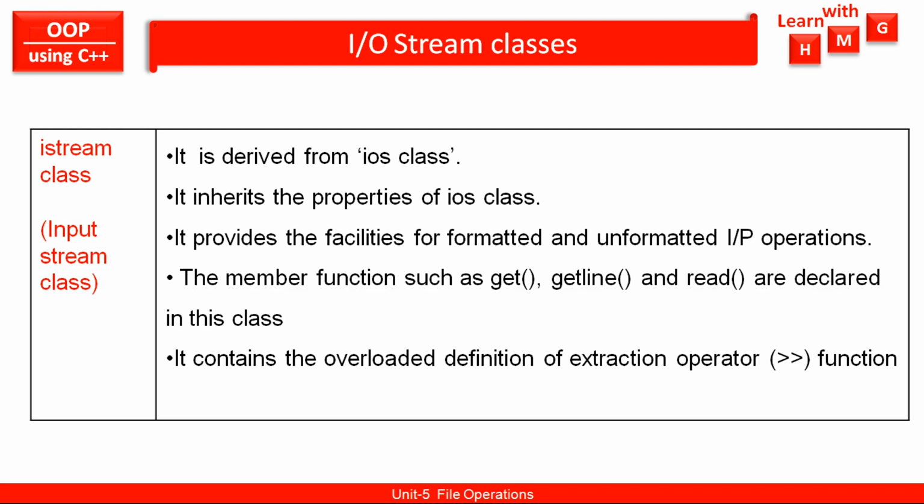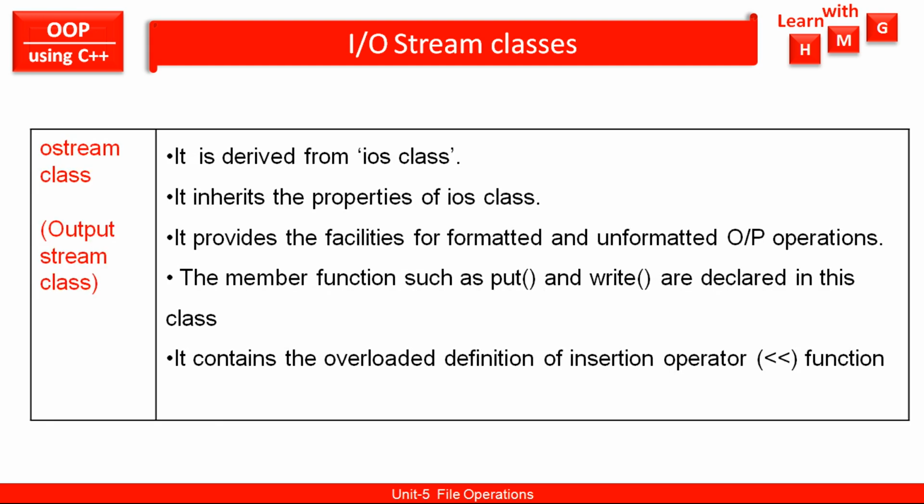All these are input functions. We will study these functions in another video. It contains the overloaded definition of the extraction operator, that is double greater than, which is used for performing input operation along with the cin object. The operator overloaded function is defined in this particular class.